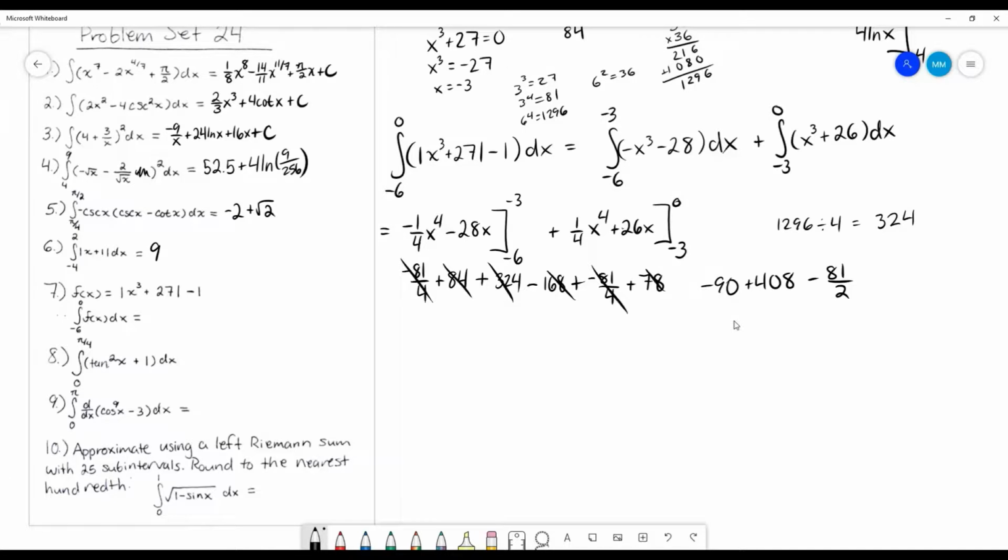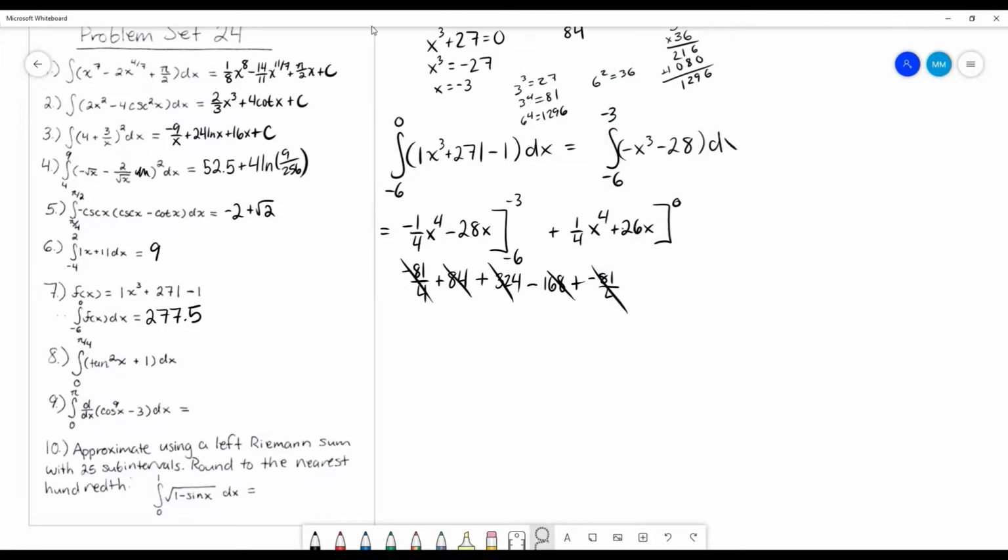Well, 400 minus 90 would be 310. So 318, I think. Minus 40 and a half. That's harder for me to do in my head. Okay, and then minus a half, so it's going to be 277 and a half.